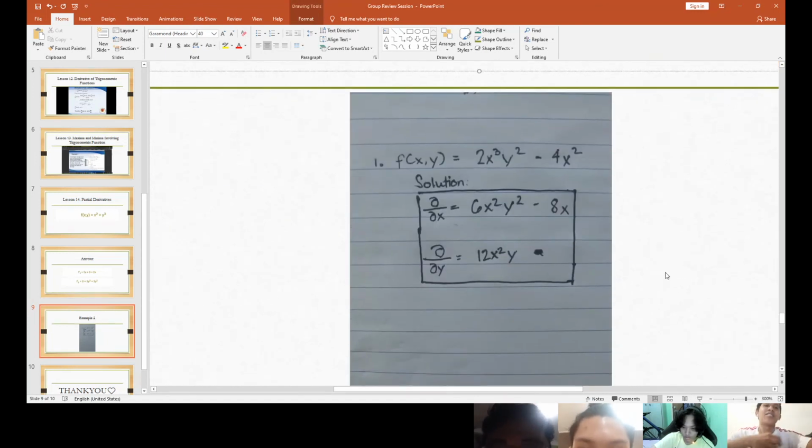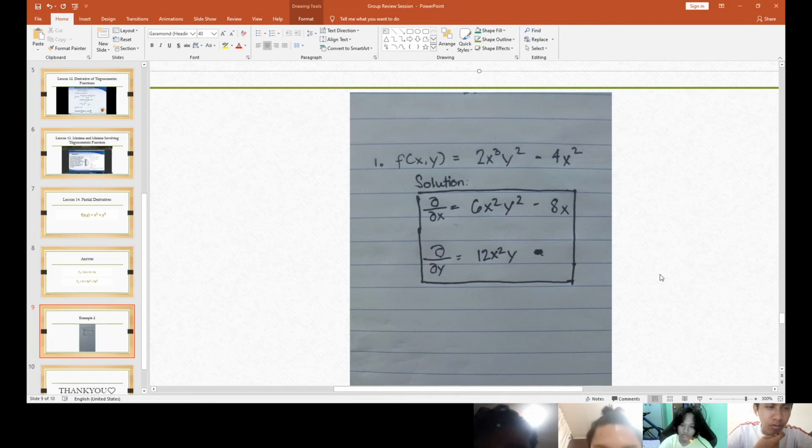Yan. Okay na. Diba, yan yung example 2 natin. F of x, y is equals to 2x cubed y squared minus 4x squared. Wag na lang natin pansinin yung y.